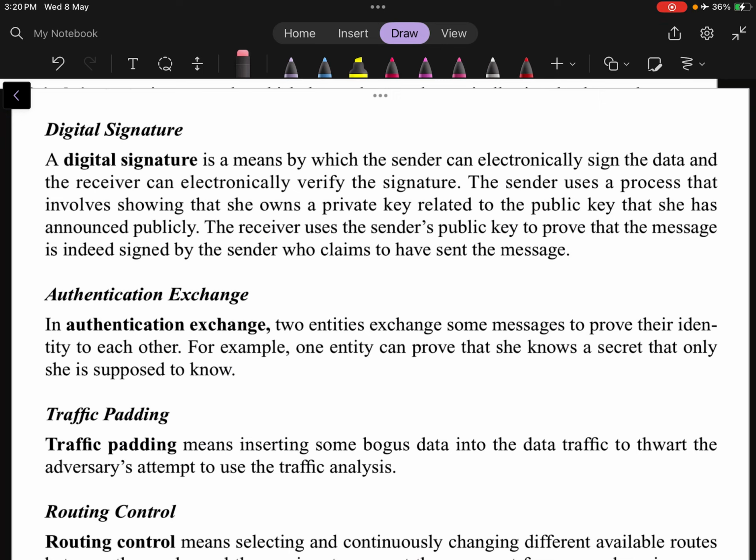The sender uses a process that involves showing that she owns a private key related to the public key that she has announced publicly. So what will the sender do? The sender will use a process and show that I own a private key, and this private key is related to the public key which I have announced publicly.